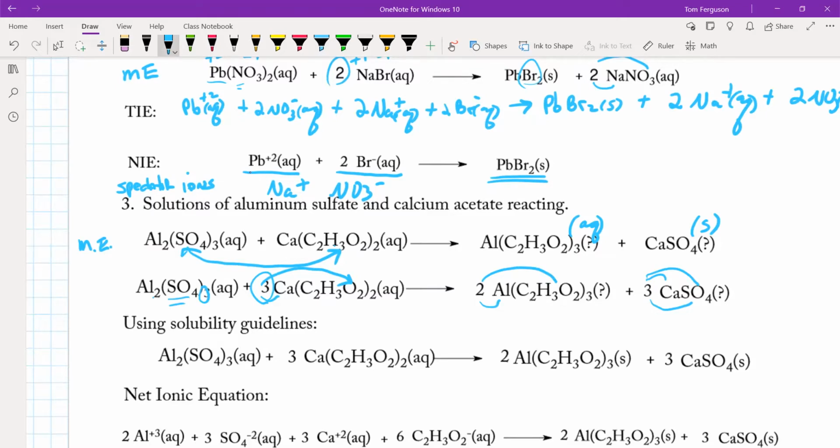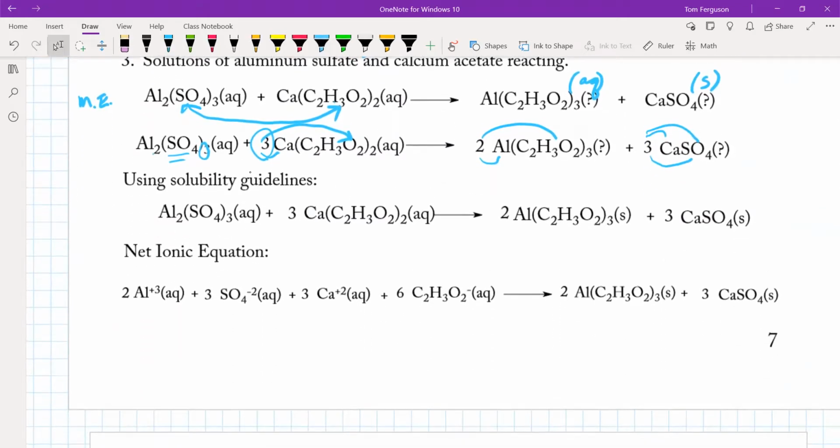Okay, now the net ionic equation, we can pull these apart. So the aluminums, we have 2 aluminums. And those are +3. If you look on the solubility chart, you'll see that. And it's aqueous.